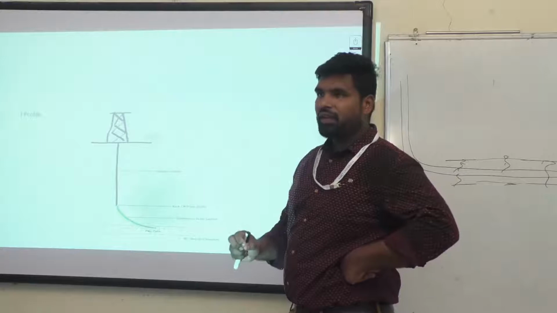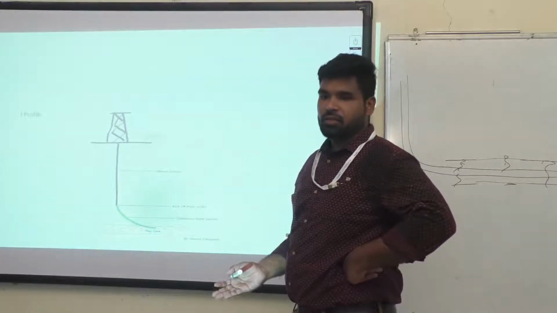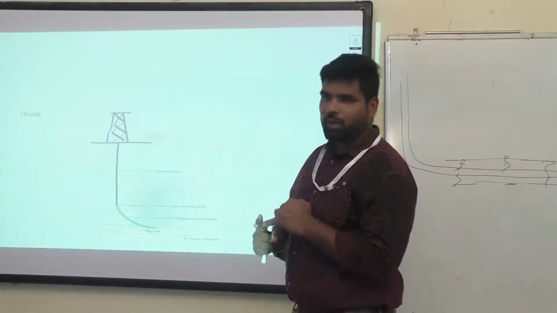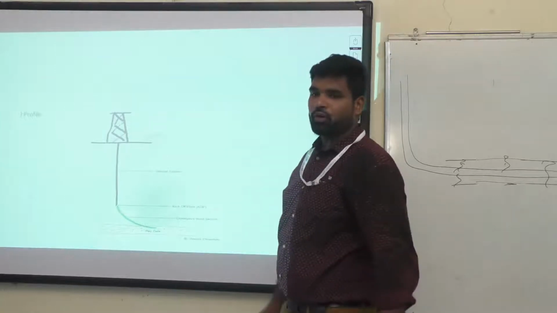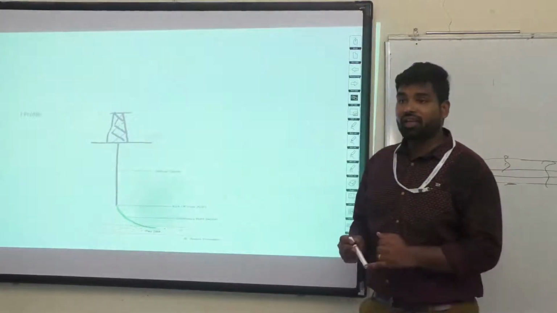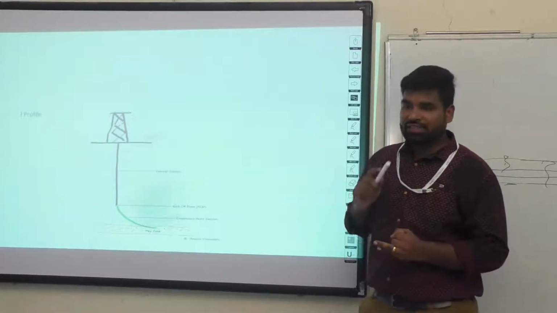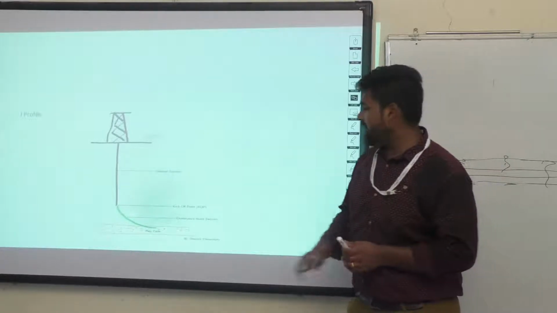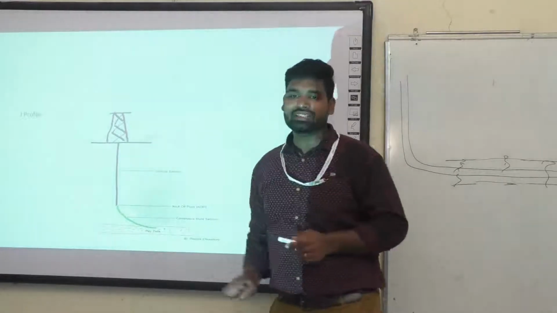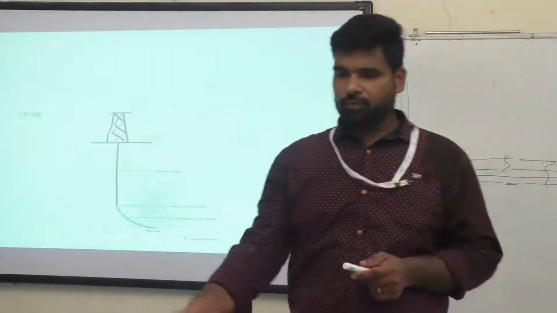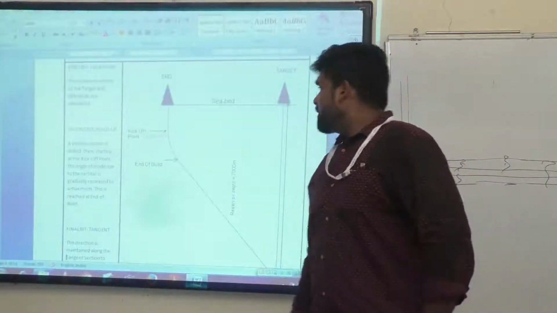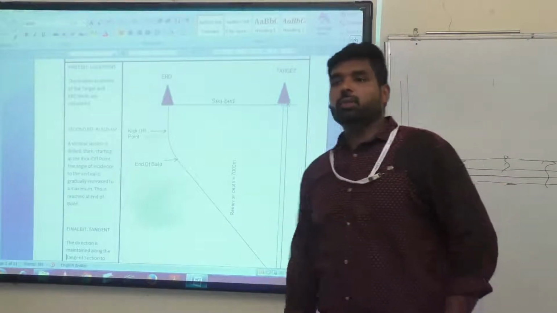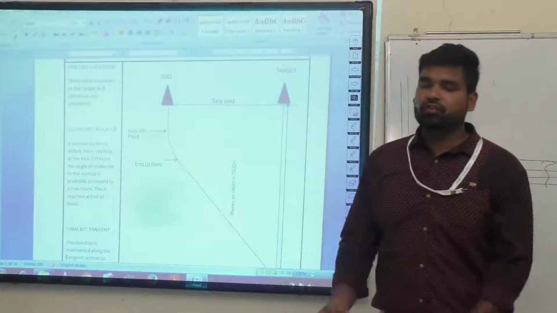You'll have just a build-up section. Keeping just a build-up section is called a J profile well. You won't have a drop section or a tangent section. Clear? You'll have only a build-up section, which is called a J profile well. So we have seen the application and the profiles of directional drilling, right?